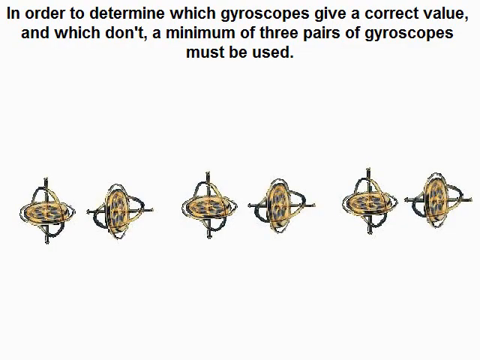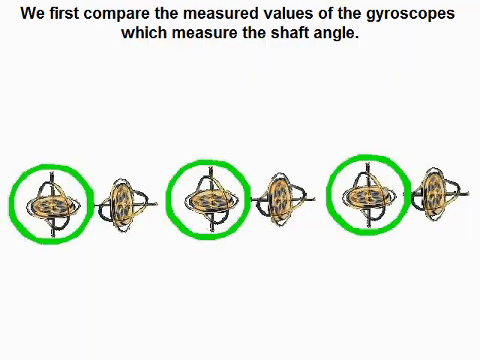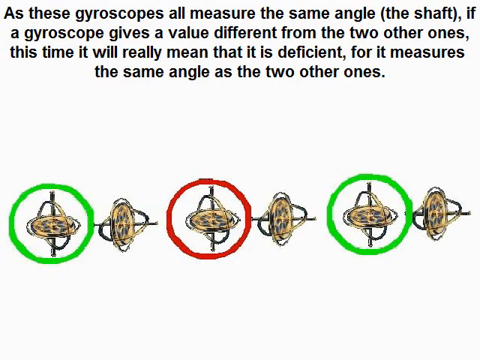In order to determine which gyroscopes give a correct value and which don't, a minimum of 3 pairs of gyroscopes must be used. We first compare the measured values of the gyroscopes which measure the shaft angle. As these gyroscopes all measure the same angle, the shaft, if a gyroscope gives a value different from the 2 other ones, this time it will really mean that it is deficient, for it measures the same angle as the 2 other ones.